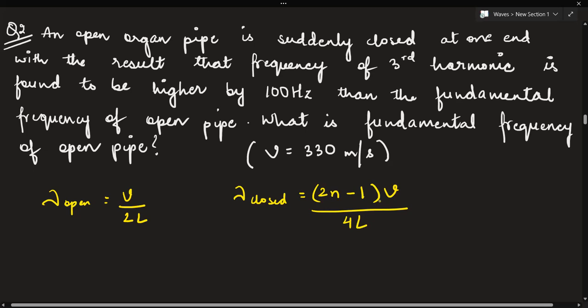Now see, for the third harmonic, can you tell me which overtone this is? Second overtone. So n will be equal to 2. This gives us the third harmonic.